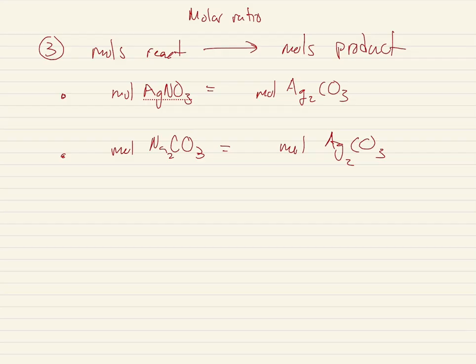Right, we want to do that for both of them. How many moles of silver nitrate are there per mole of silver carbonate? Where do we get the values that we're going to plug in here? The balanced chemical equation, right? That's what gives us the molar ratio.